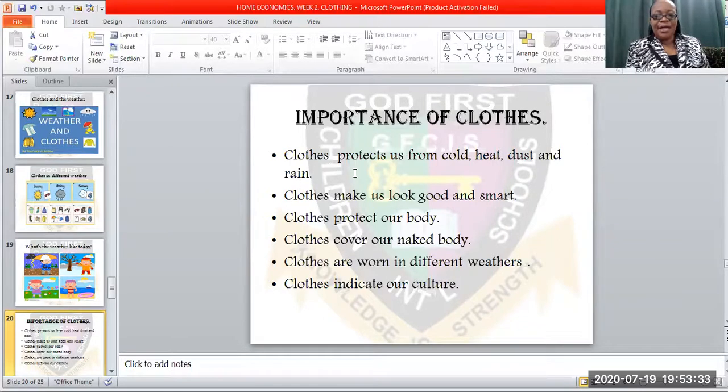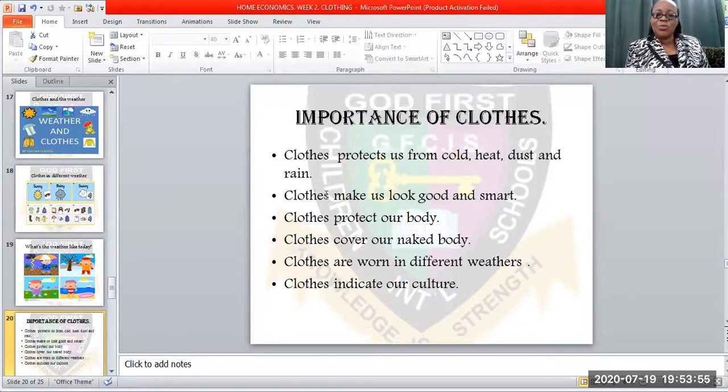Therefore, we must know the correct clothes to wear during cold weather, when the weather is hot, when it is dusty, and when it is rainy. Whatever the weather, we must weather the weather.